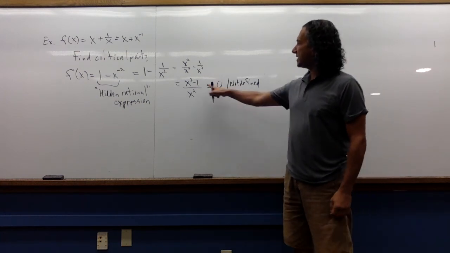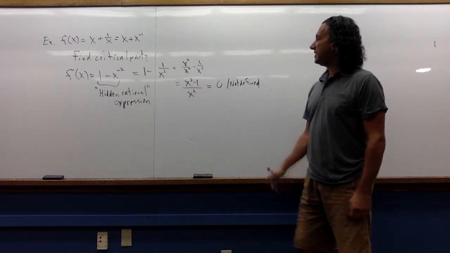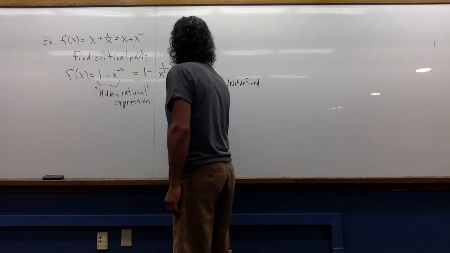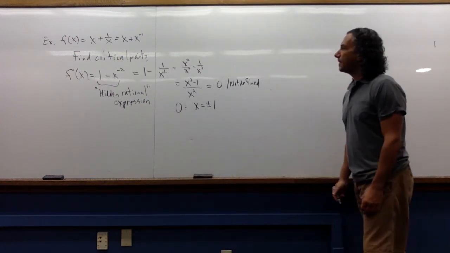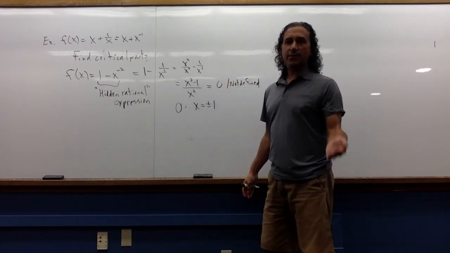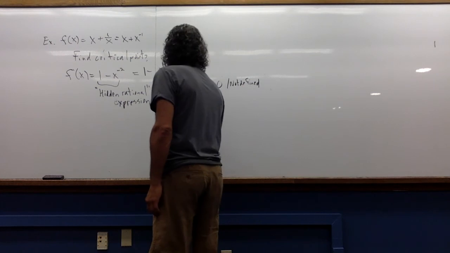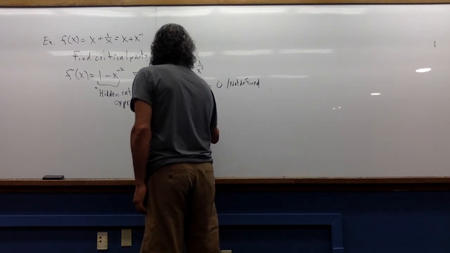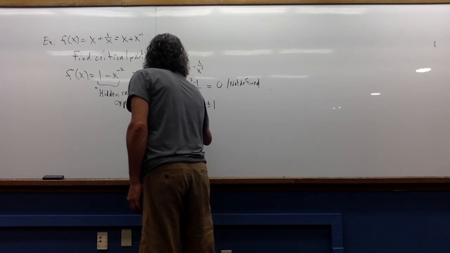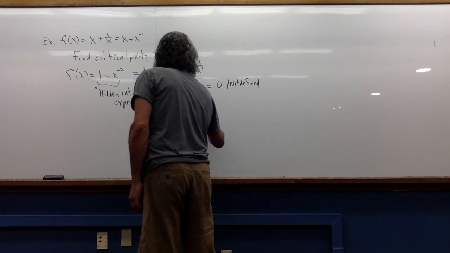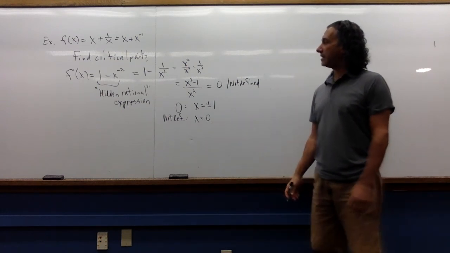So I need to find where this is 0 or where this is not defined. Well, it's going to be 0 if x is equal to plus or minus 1. Plugging it into the top, I get 0 over something that's not 0. And then if I plug a 0 into the bottom, I can see that it will be not defined there.